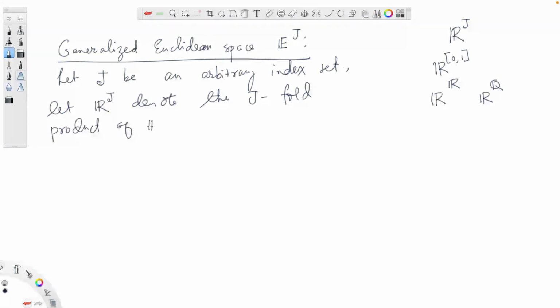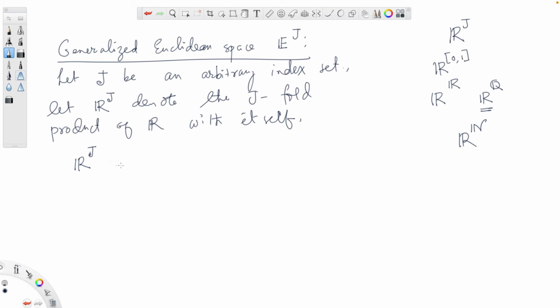Like I said earlier, it can be R raised to the set of rational numbers, or R raised to R, or R raised to the set of natural numbers.